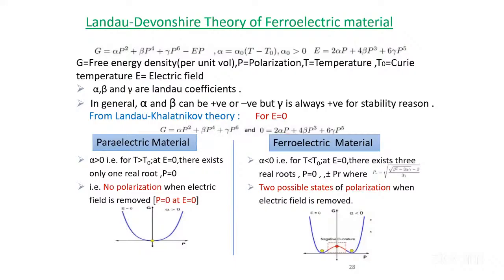So this is from the Landau-Devonshire theory of ferroelectric material. You can look at it more deeply if you want. Basically, the Gibbs free energy is given by this particular expression.